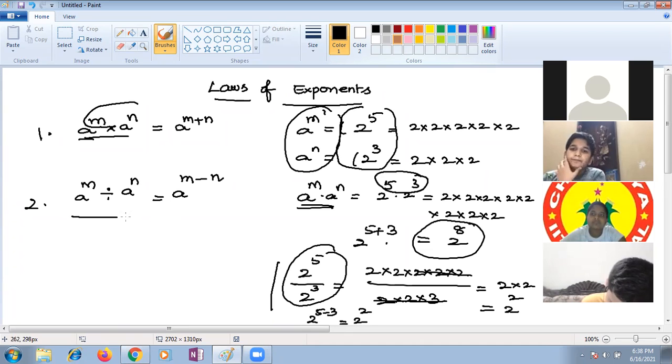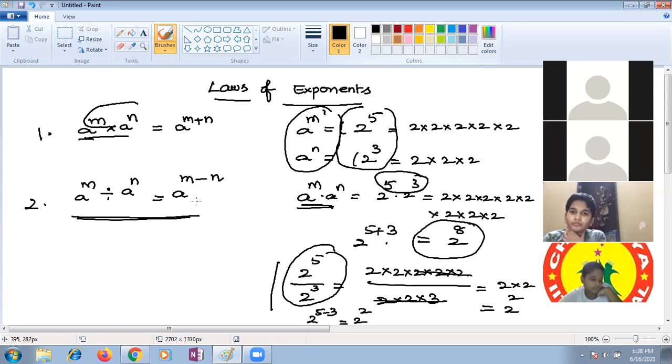The same way, the general formula: if bases are same and you are dividing, we can subtract the exponents. Ma'am, do we subtract in all the cases? Harini, can you please repeat once again?